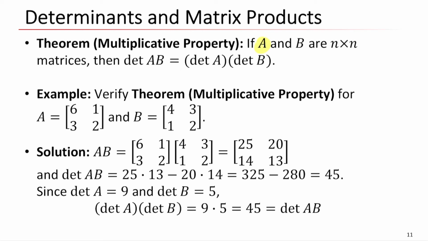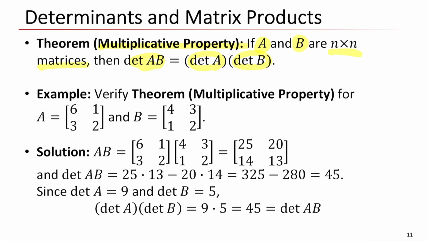If matrix A and matrix B are n by n matrices, then the determinant of A times B is equal to the determinant of A times the determinant of B. This is called the multiplicative property.